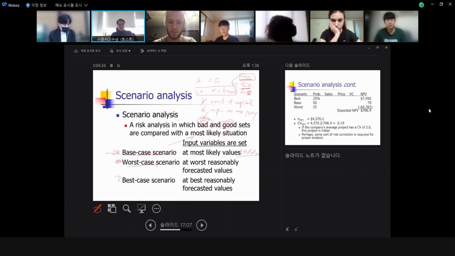In the worst case scenario, we change all of the input variables in the same negative direction, at the worst reasonable forecasted values. Whereas the best case scenario means that we assume the value of each variable moves in the positive direction simultaneously, at the best reasonable forecasted values.